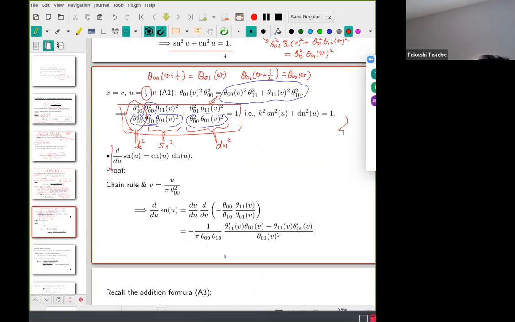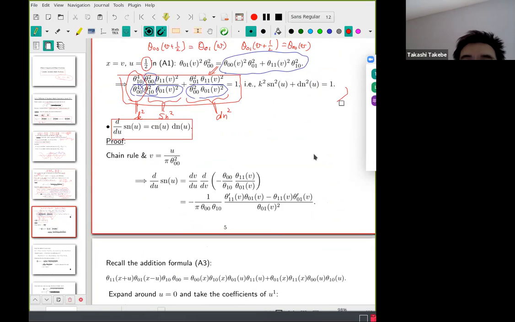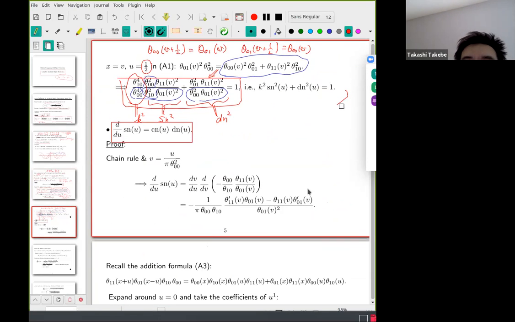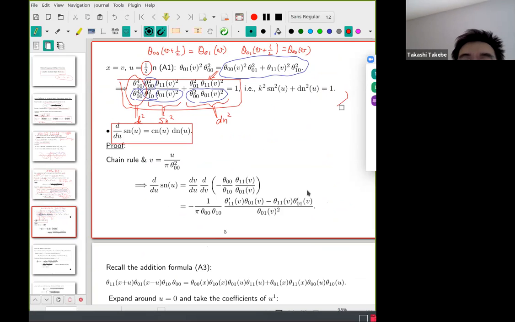Another important formula was this differentiation rule. The derivative of Sn is equal to the product of Cn and Tn. This is also a consequence of the addition formula.